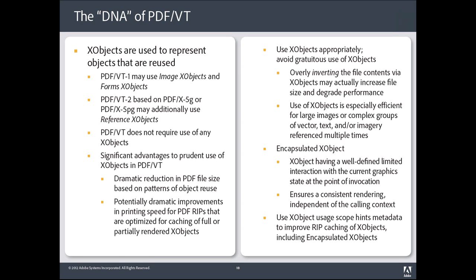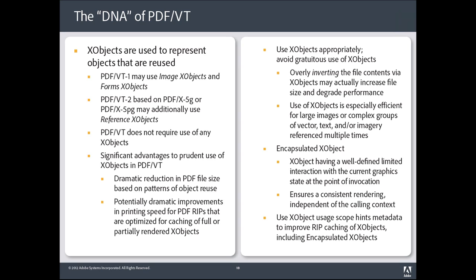Of course, as I said, we don't require that you use X objects, but that loses the advantage that you might have. The idea is basically to prudently use X objects, and that gives you a potentially dramatic file size decrease and potentially dramatic improvements in the rendering if you use these X objects in a rational fashion, okay?